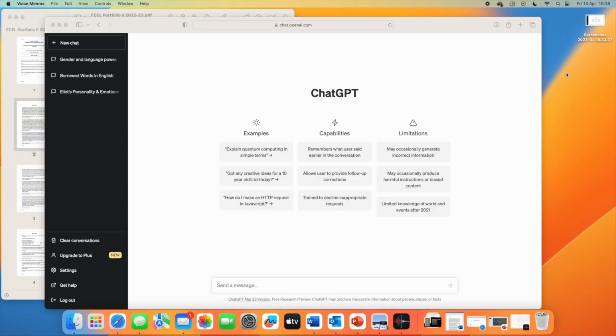I obviously have floating ideas around, but I didn't have anything concrete. So I decided to jump onto ChatGPT and see if I could start to get the cogs moving when it came to ideas, and let me talk you through that process.